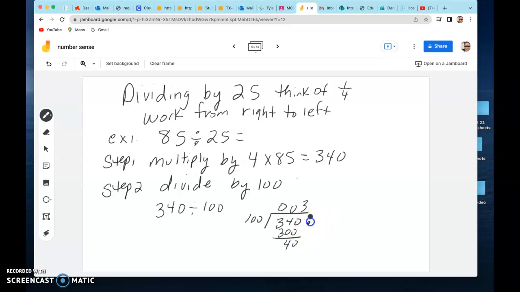Remainder 40, decimal, 0, bring it down, and that's how you get 334. So my answer here is 3.4. Remember, no extra zeros. Next example.